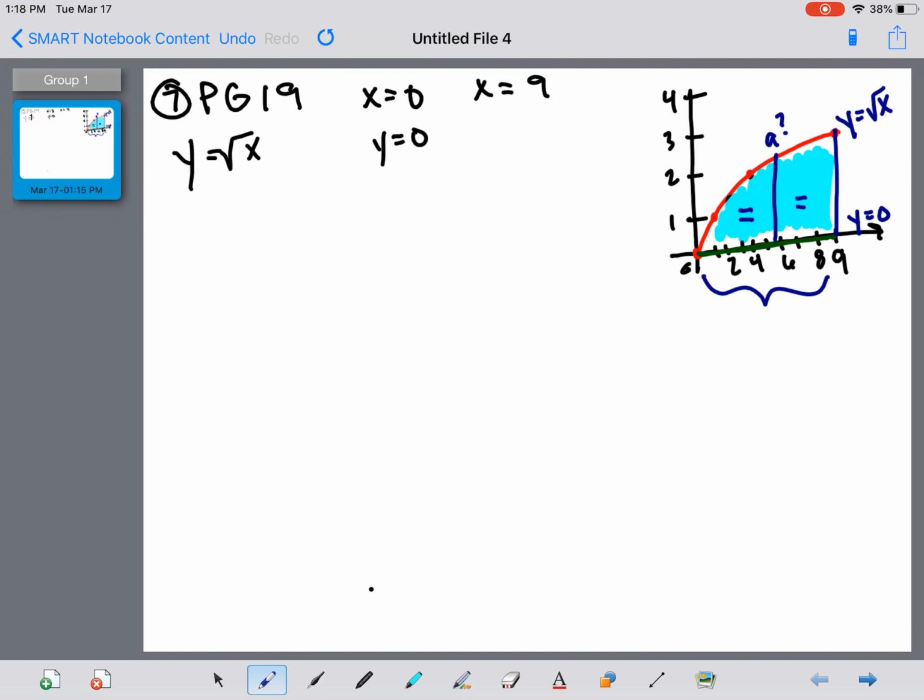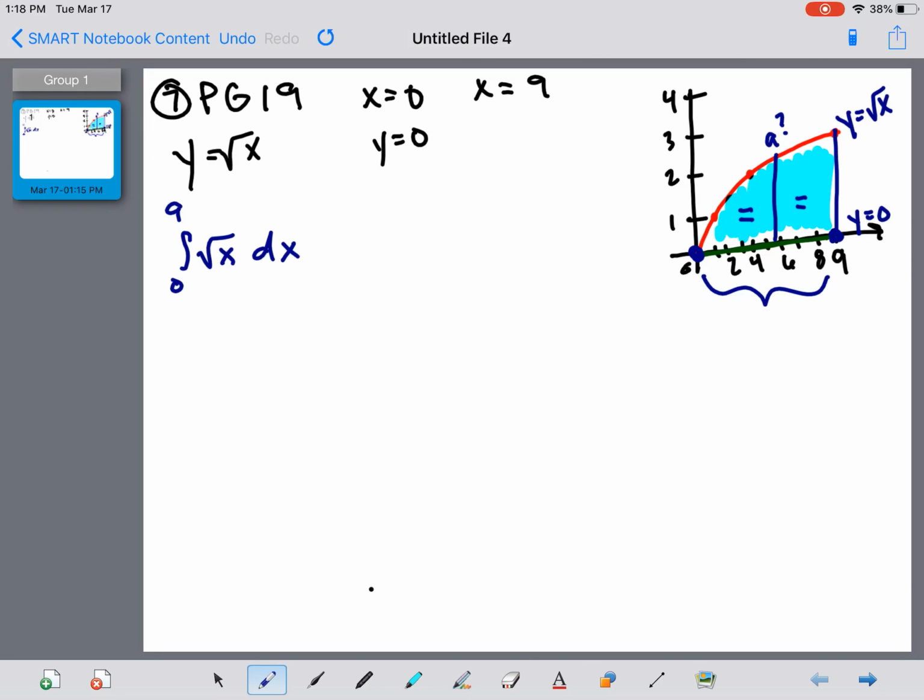And I'm going to set that integral up from 0 to 9 because that's where I'm bound by. So I'm just going to do the integral from 0 to 9 of the square root of x, dx.